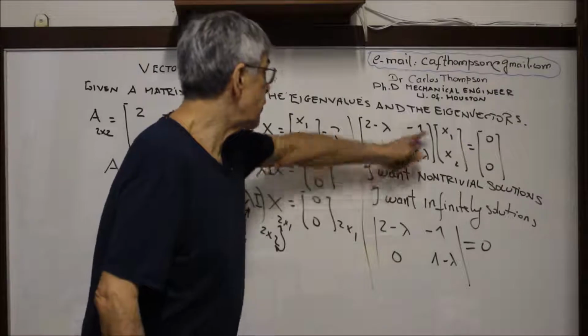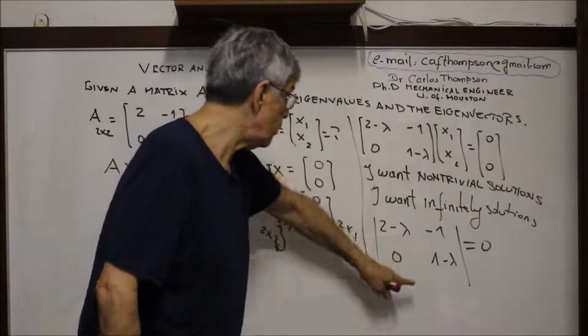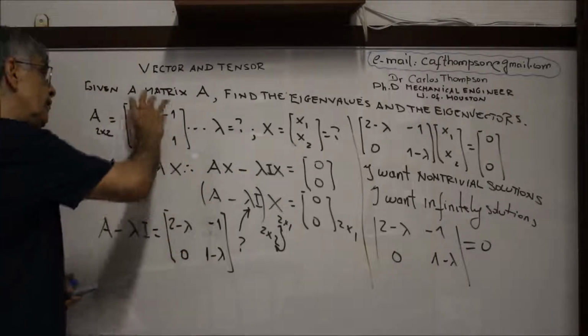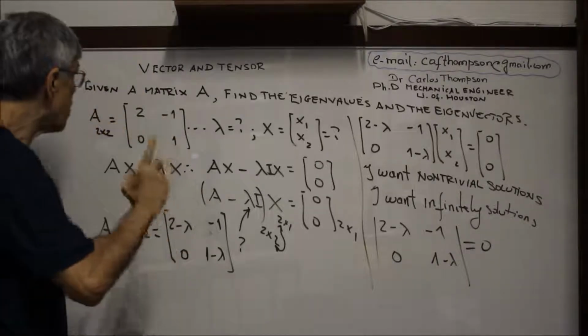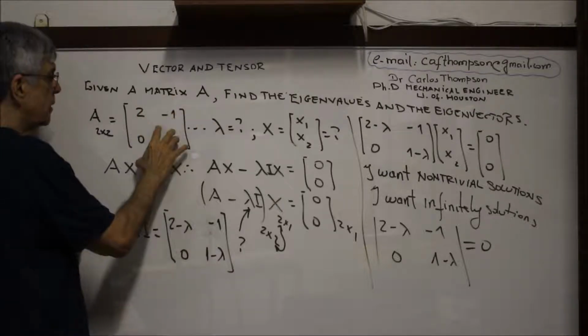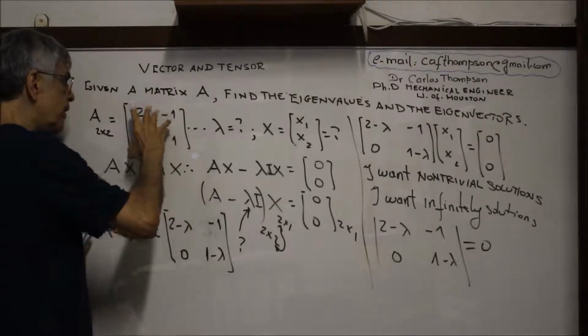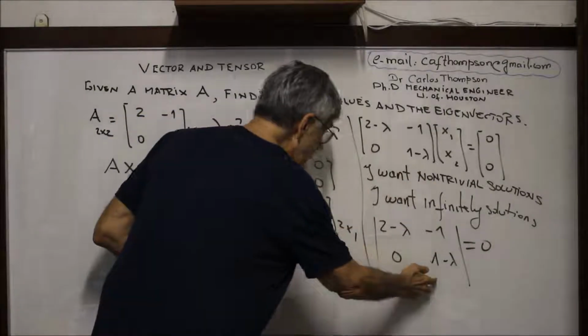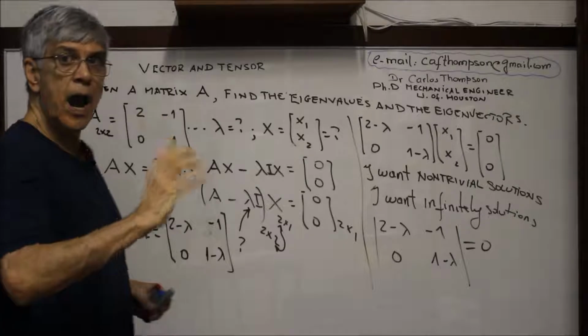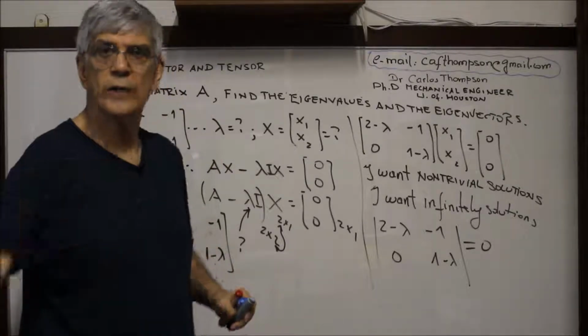Now, attention: the matrix A is given. From the matrix A, I will obtain eigenvalues and eigenvectors. If I change the matrix A, I will obtain other eigenvalues and other eigenvectors.